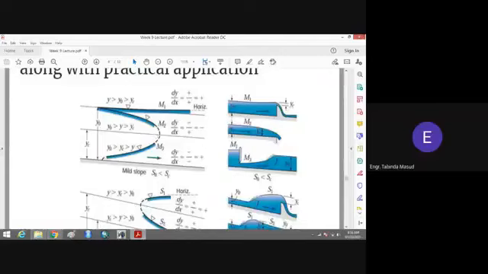So this is an example of a mild slope, and I have drawn the same curves above. This is M1, M2, and M3. M1 is a backwater curve, M2 is a drawdown curve, and M3 is again a backwater curve. So what are the practical examples? You will get the M1 curve in an open channel when you have any obstruction on the channel.